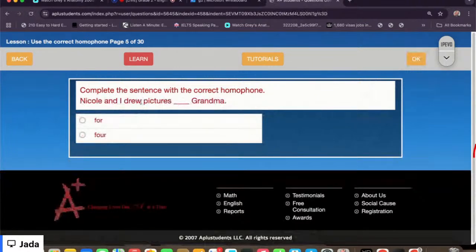Nico and I drew pictures for Grandma. So for or four, which one? Drew pictures for which one?